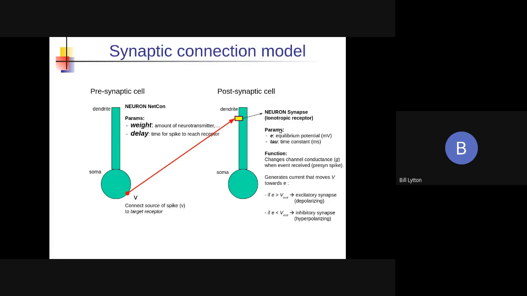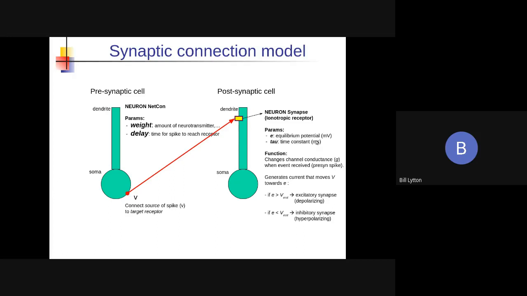No, I'm sorry, you don't insert them. Insert is for suffixes. For the point process, you just simply create them. So you say something like newsyn equals h.ExpSyn(dend(0.5)), to tell where it's going to go.